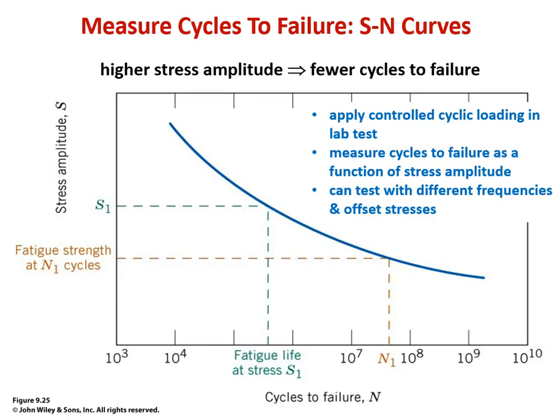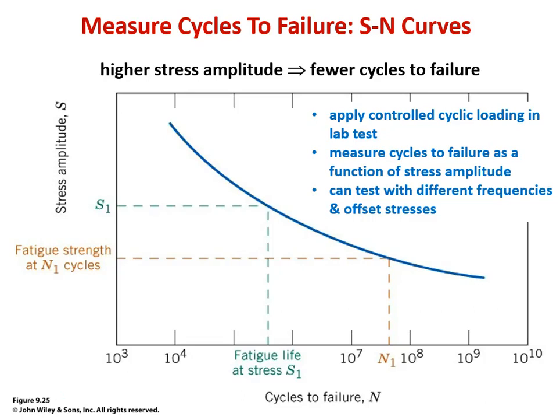If we look at the x-axis going towards 10 to the third, we're requiring a higher stress amplitude to fail the material in that lower number of cycles, the 1,000 or 10,000. That's what we'd call the low cycle fatigue end: a lot of stress amplitude per cycle, not so many cycles.